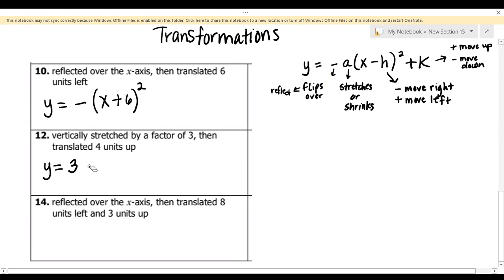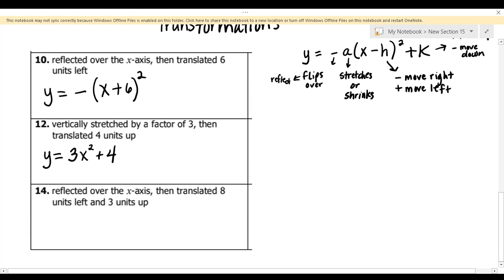So my apologies, we don't need the parentheses. So we're going to say 3x squared. 4 units up would be plus 4. We don't need the parentheses because it doesn't move right or left. So that one looks a little different than you might be used to.